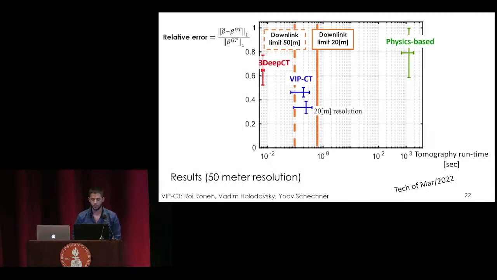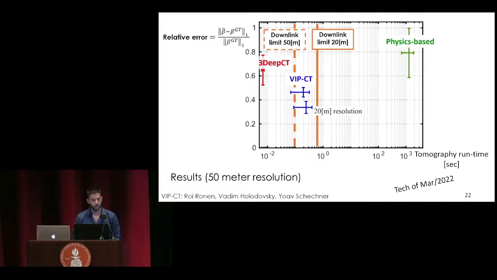Before we detail the VIPCT framework, let's compare our results to prior art. We immediately see that VIPCT runtime is about the downlink time limit, using only a single GPU in early 2022. By Moore's law, VIPCT is expected to be essentially real-time for space observations when Cloud CT will be in orbit.